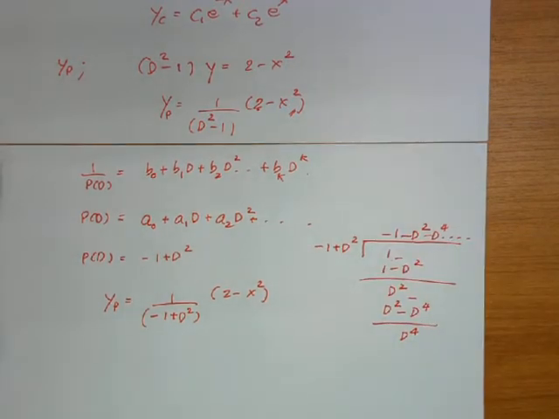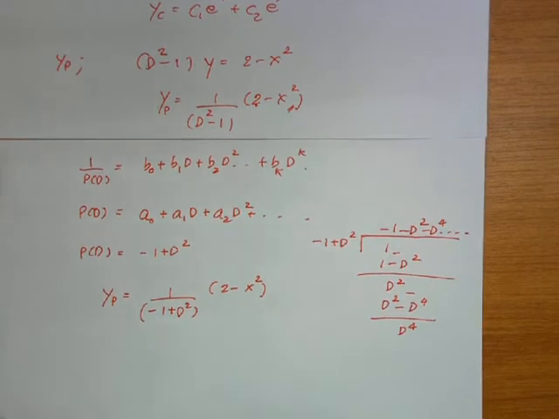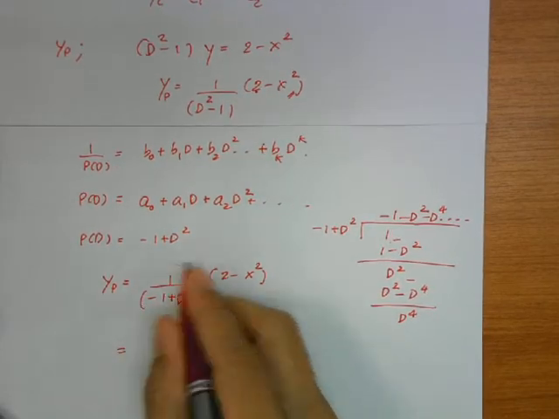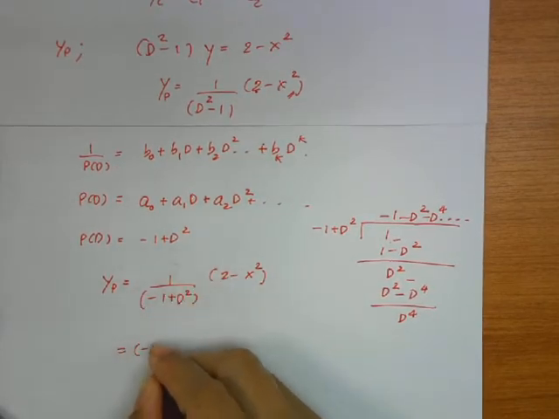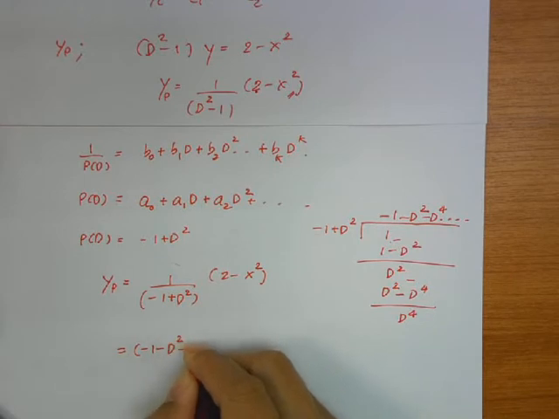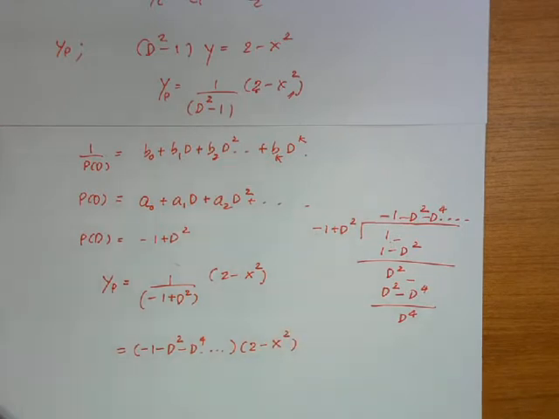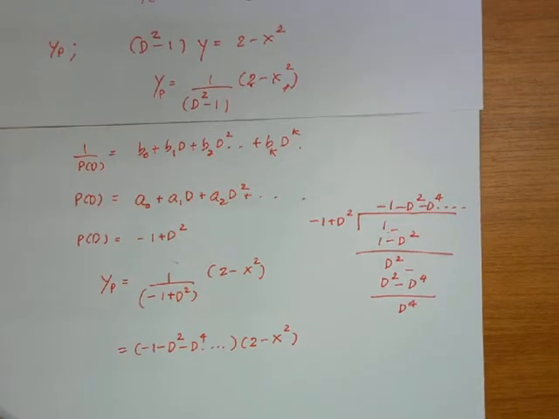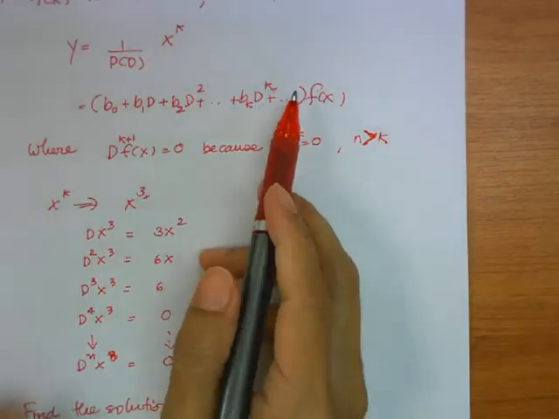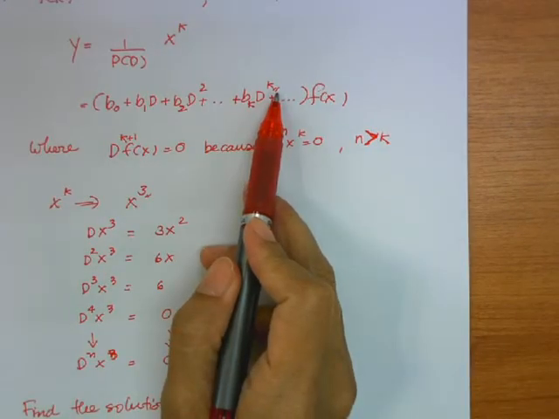I stop right there. We said that, okay, if we rewrite this term, we would get minus 1 minus D squared minus D to the power 4, and so on. But I think that, okay, just stop right there, because if you take a look at this, the first thesis that I said, actually it should stop at x to the power k.